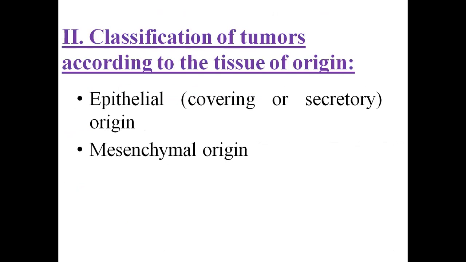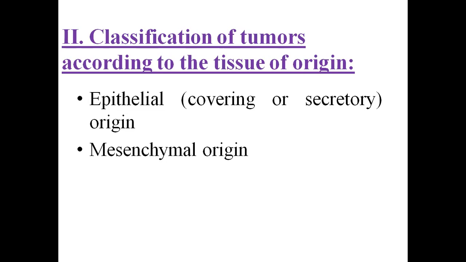Okay, so till now, we know some definitions about tumors like neoplasia, like invasion, like metastasis, like differentiation, right? Like angiogenesis also. After that, we classified the tumors according to behavior into benign tumors, malignant tumors, locally malignant or locally aggressive tumors, right?